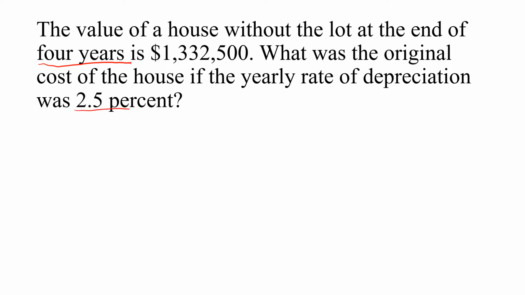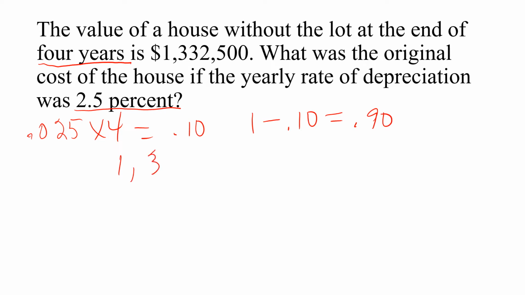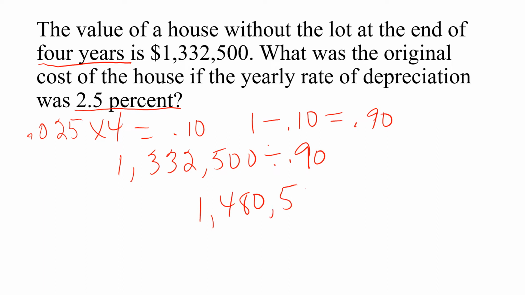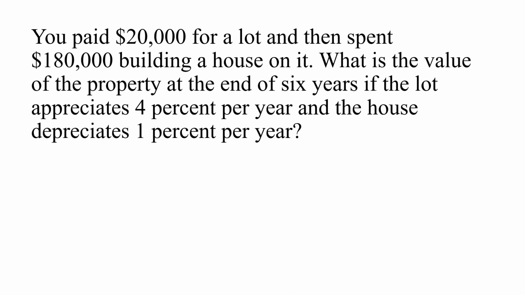We had 4 years so let's turn this to a decimal. 0.025 times 4 years equals 0.10. 1 minus 0.10 equals 0.90. 1,332,500 divided by 0.90. The original cost was $1,480,556.